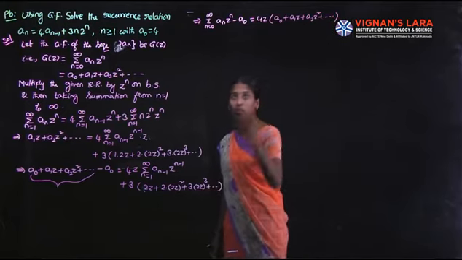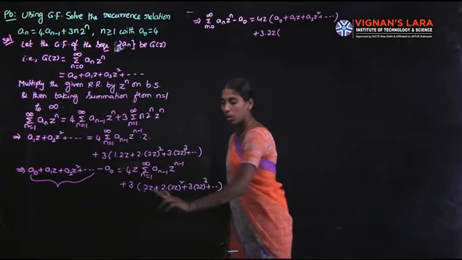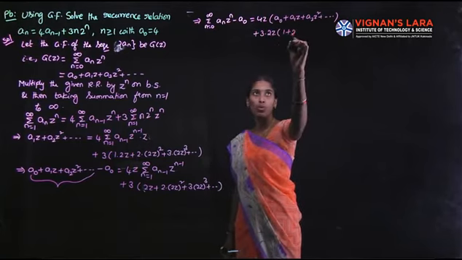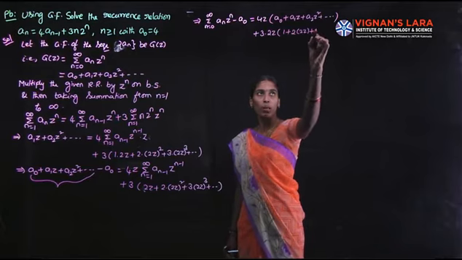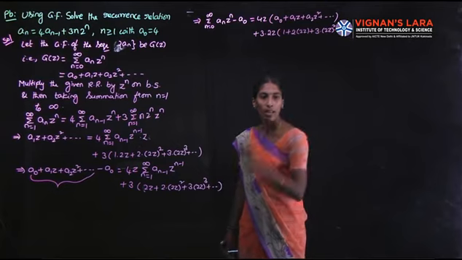For the second term, by taking 2z common, the remaining is 1 + 2 into 2z + 3 into (2z) whole square and so on.